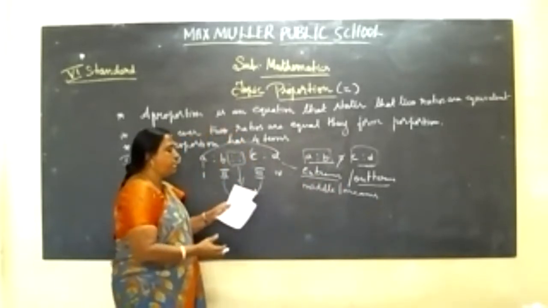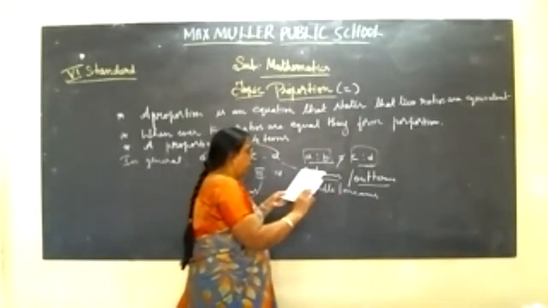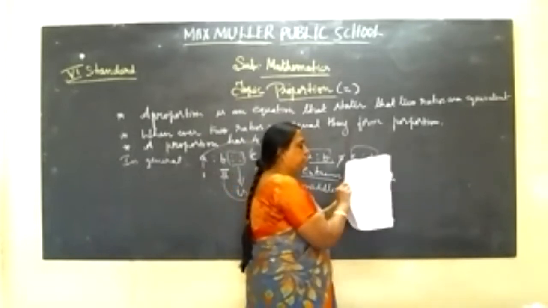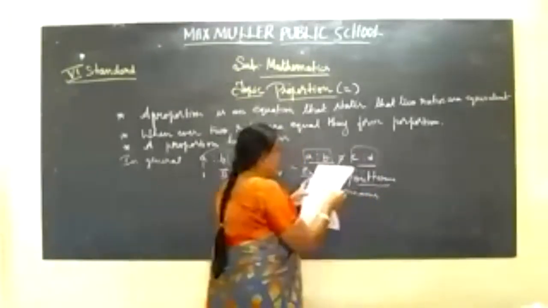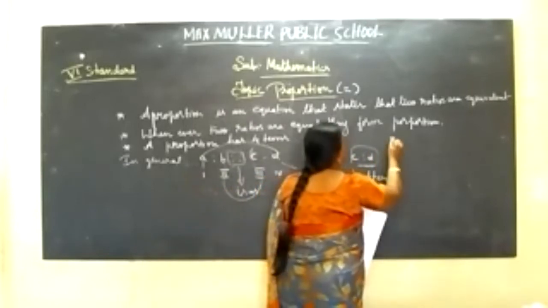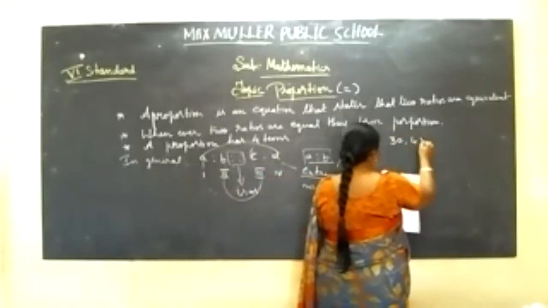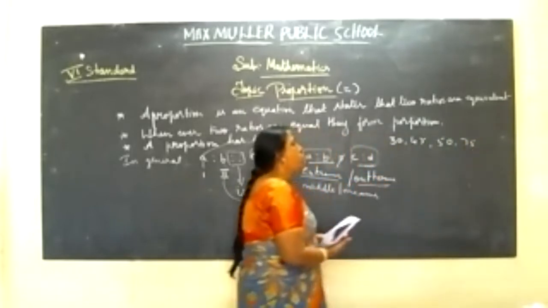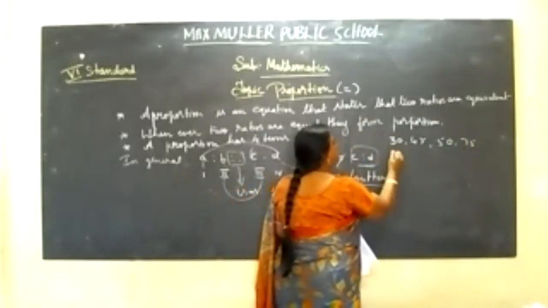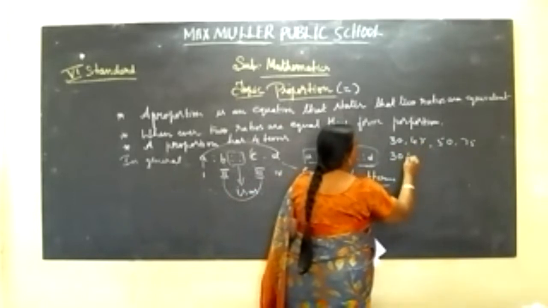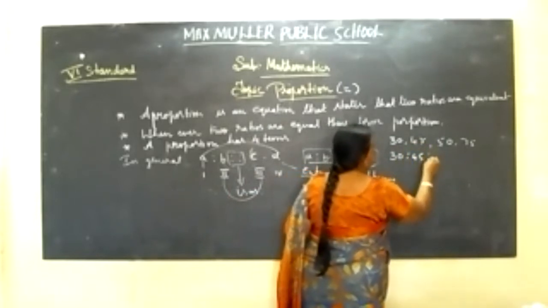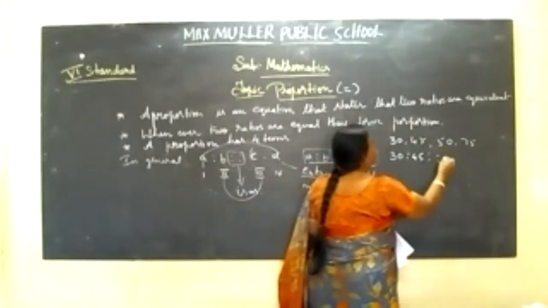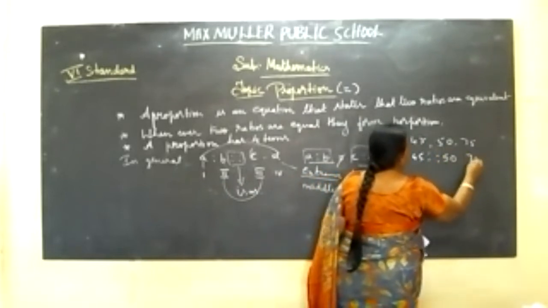Here, one example I'll take. Example 8. 30, 45, 50, and 75. Now here, four terms are there. 30 first term, 45 second term, 50 third term, 75 fourth term.